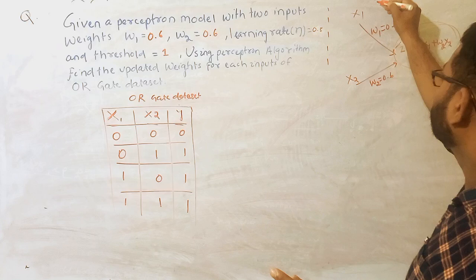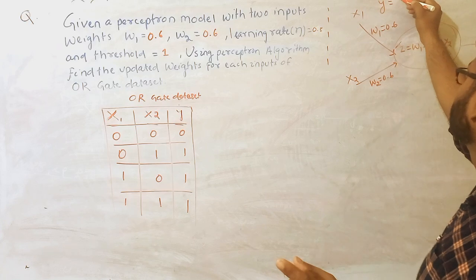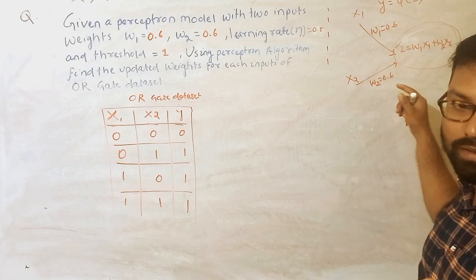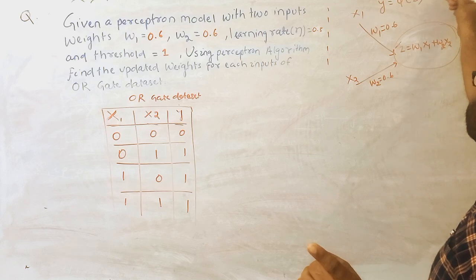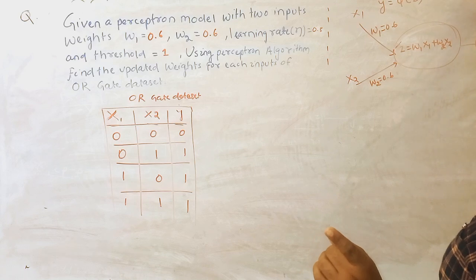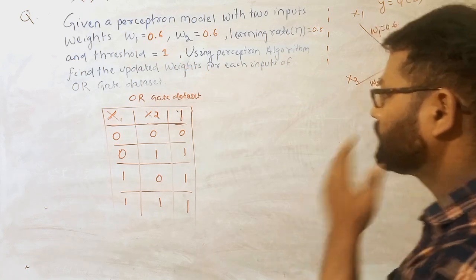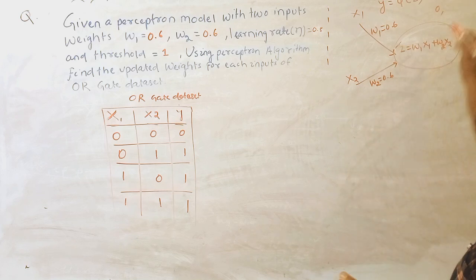Y is produced using the activation function. It takes z as input, and it provides 1 if the z value is greater than or equal to 1, the threshold. In the second part it provides 0 if the z value is less than 1. We use that to produce the predicted output.